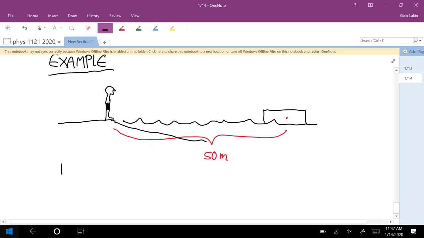How long does it take to swim 50 meters? Let's say it takes 120 seconds to swim to the raft.